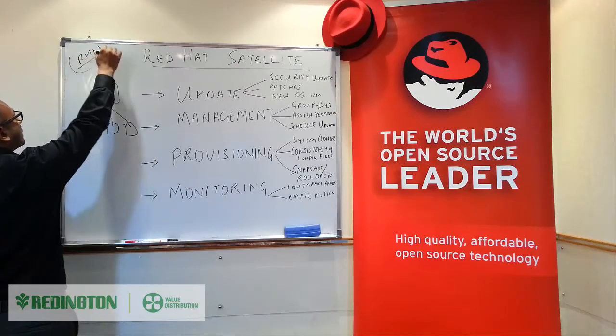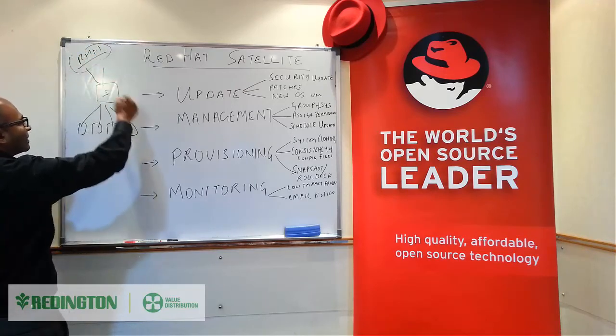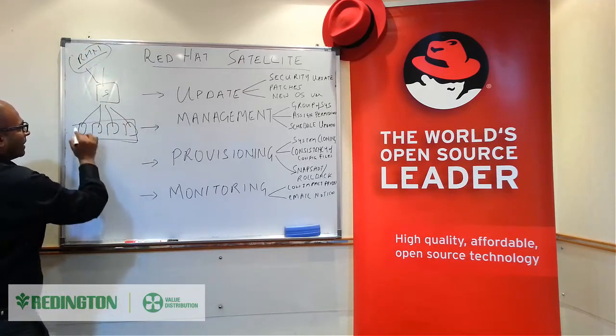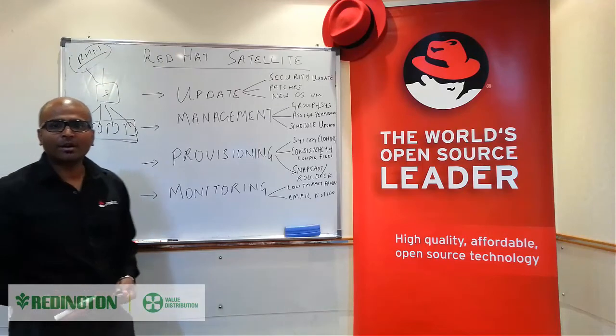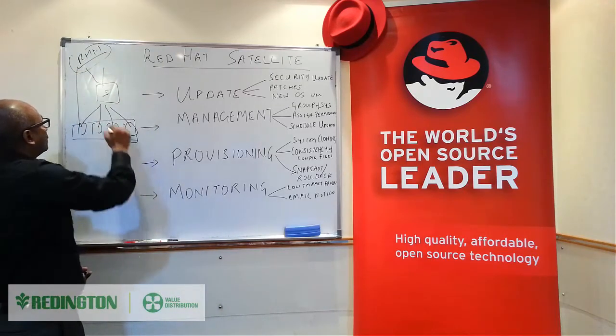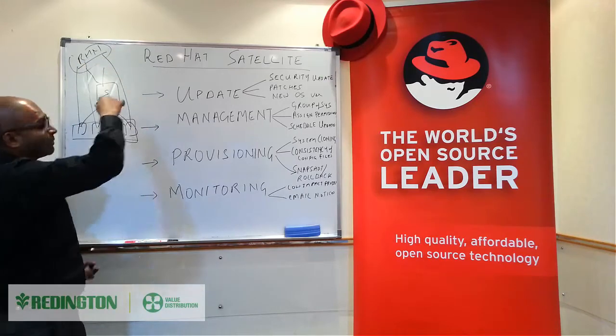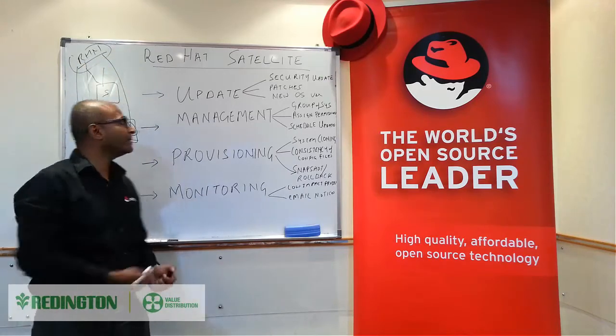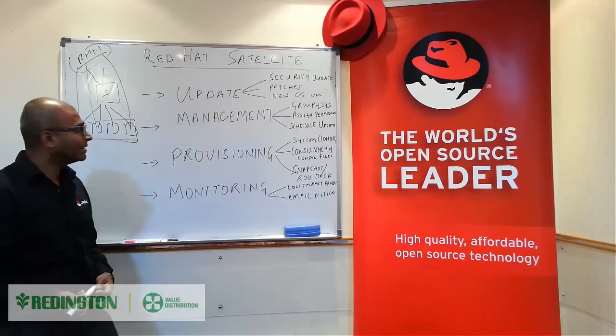So all the latest patches from the Red Hat network will come to the satellite and all the patches are updated on the Red Hat operating system. So you don't have to directly connect to Red Hat network and block the bandwidth of your company. You just connect to the satellite server for the updates.